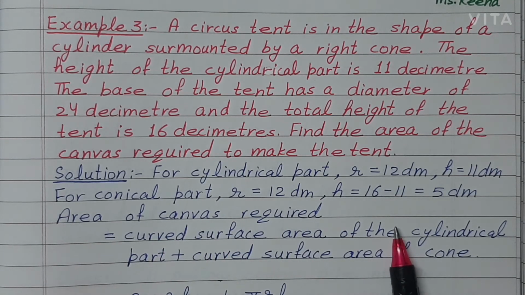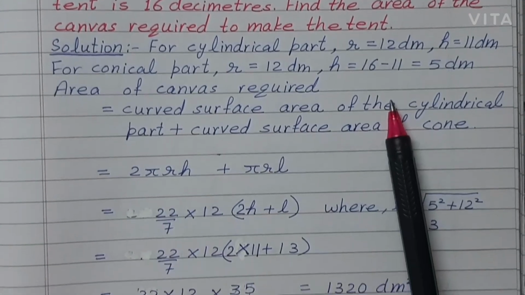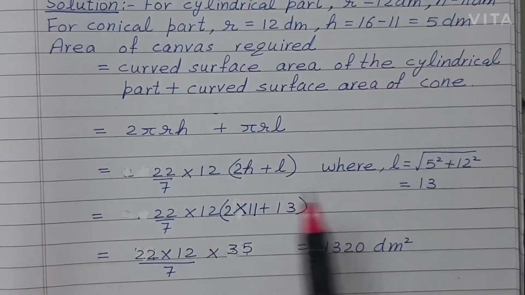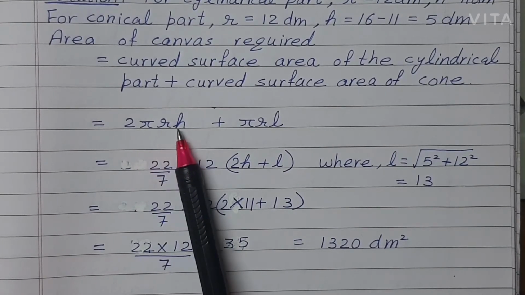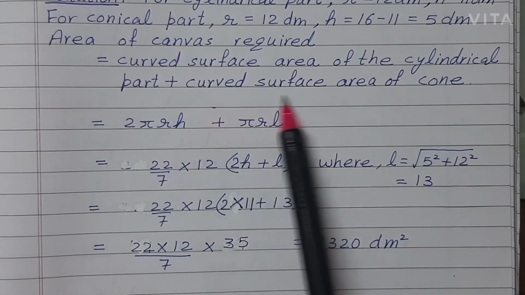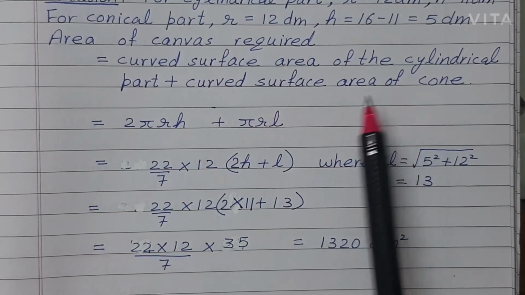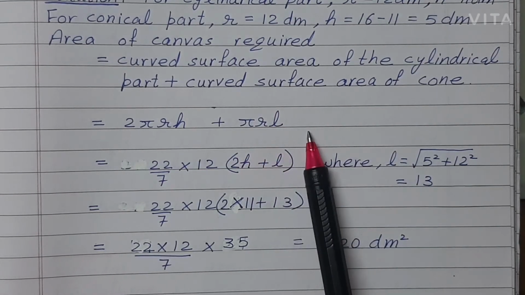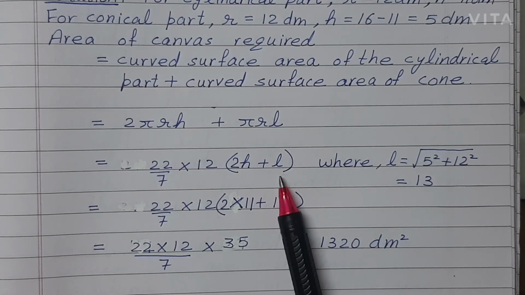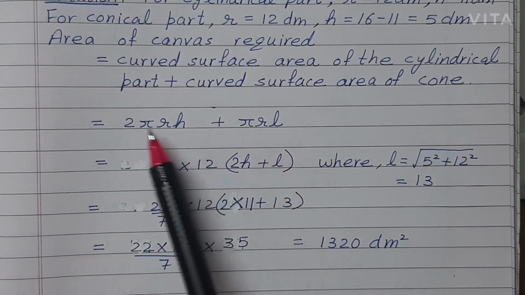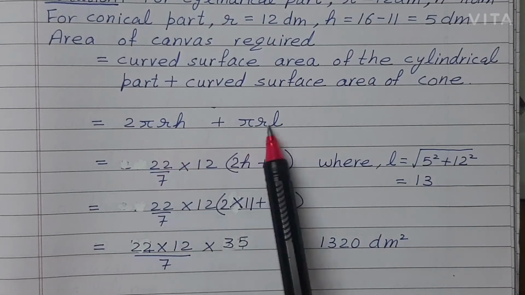Yes, that is 2 pi r h. Clear? So it is 2 pi r h plus curved surface area of cone, which is pi r l. Let us substitute the values. Here you can take pi r common.